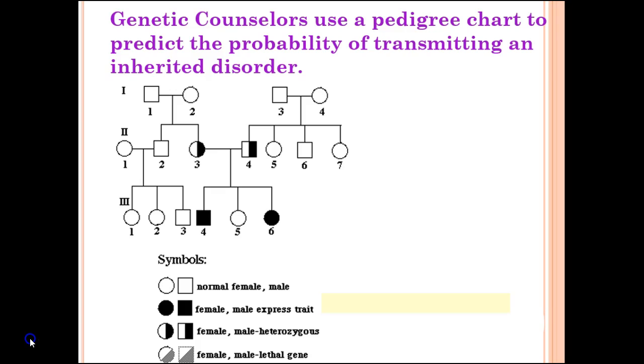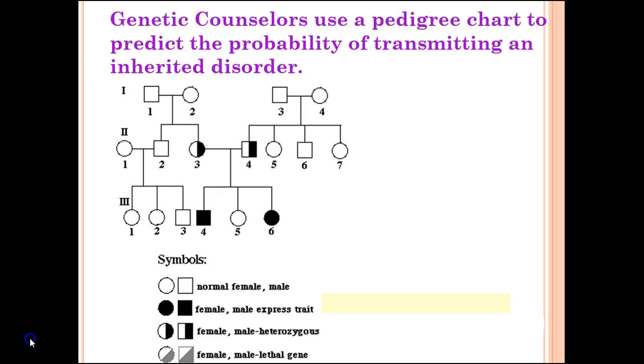As I stated earlier, genetic counselors use pedigree charts to predict the probability of transmitting an inherited disorder. So what we see in this chart here, again, the affected individuals are shaded in black. If you look in generation 3, individual number 4 is a male and he has the disorder.